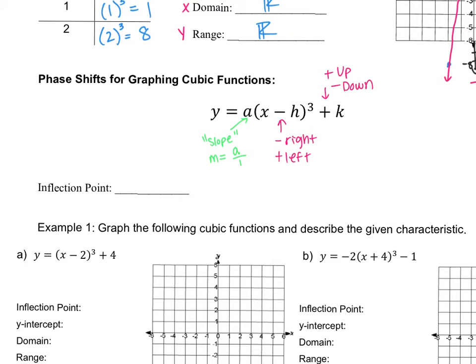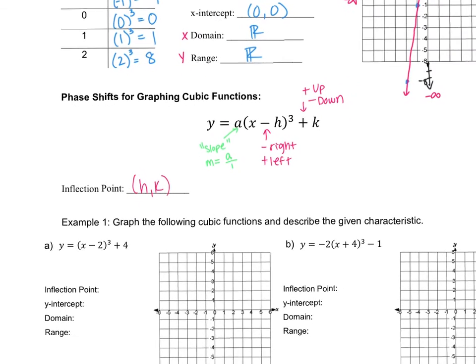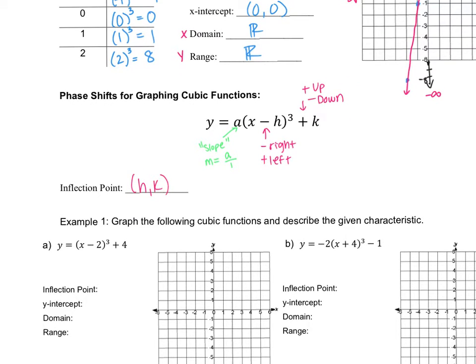All right, let's talk about inflection points. So all of this, the shifts, helps us find the inflection points. Likewise, before, it would help us find the vertex. So h and k, those values help you find the inflection point. Another thing I want to add is that if you have a cubic function, you will typically need 3 points if you want to graph.